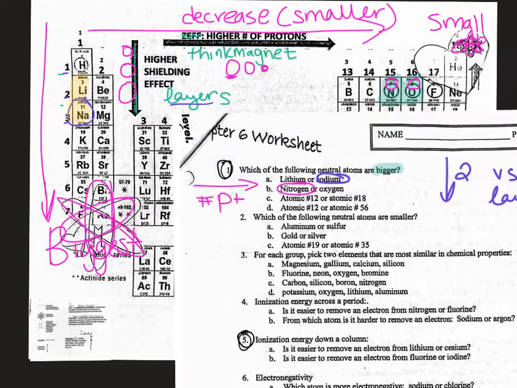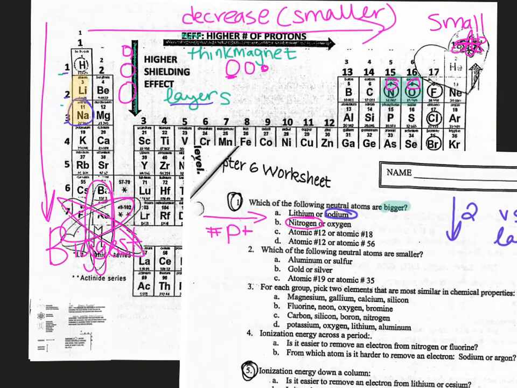Okay? All right, let's look at one more example. Atomic number 12 or atomic number 18. So looking at atomic number 12 or 18. So 12 is right here. 18 is over here. So if we notice, both of these are in row 3. So we know that we're talking about the across one again, just like that. Okay? So as we move across, we get smaller.